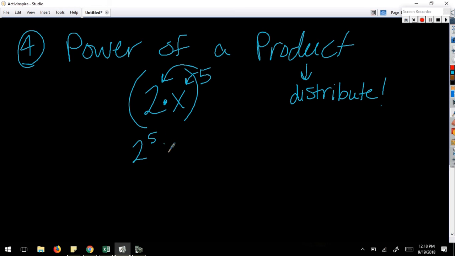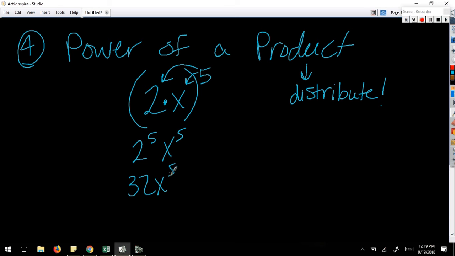So 2 to the 5th, x to the 5th. If you want to simplify, that's 32. Does that make sense? Because I'm multiplying, I can distribute that exponent through.